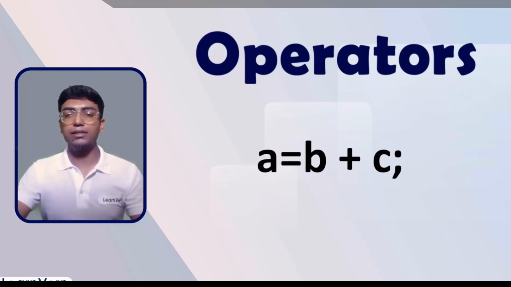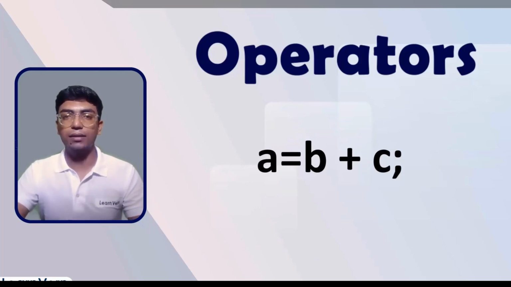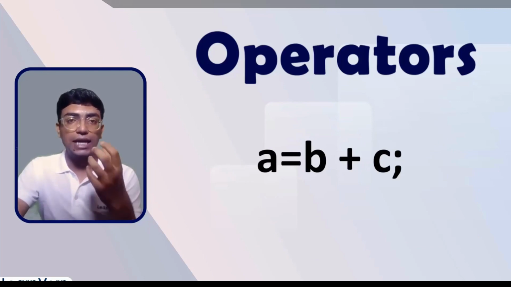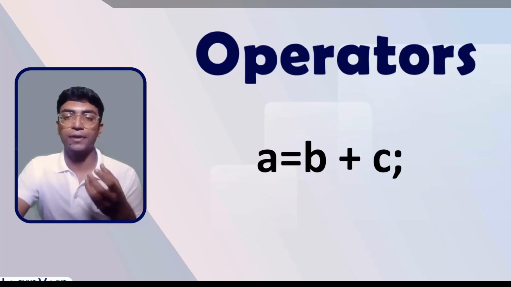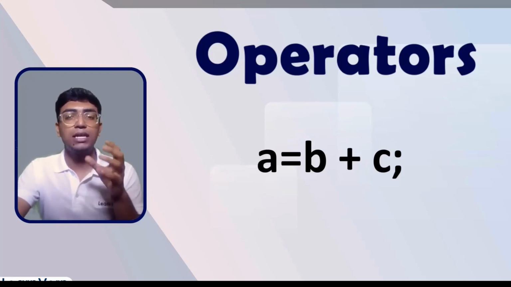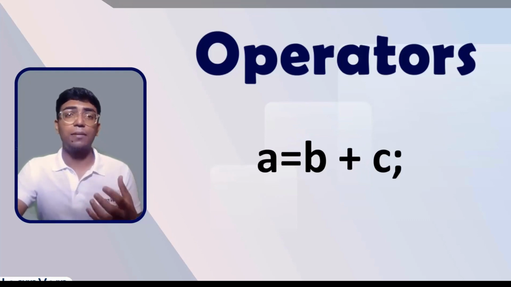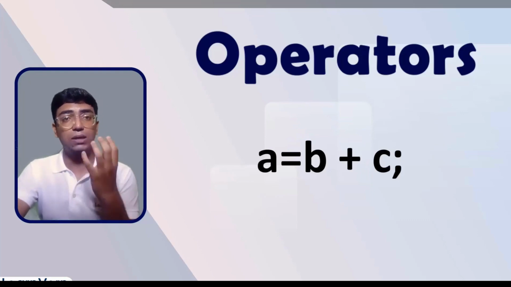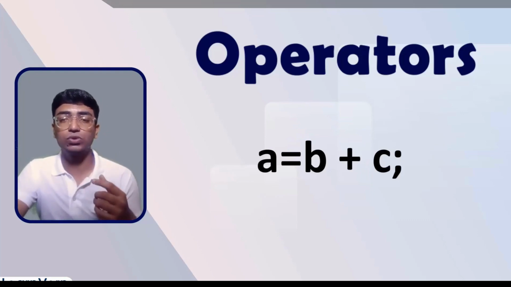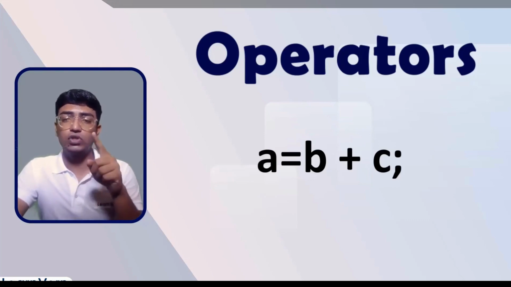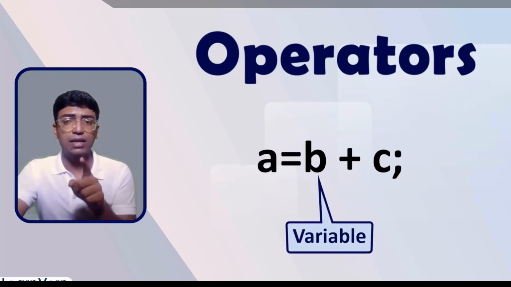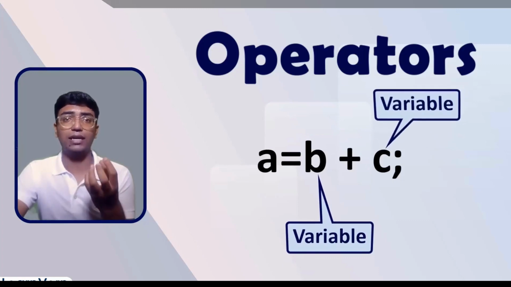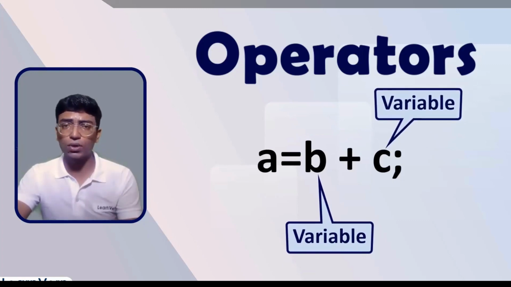Here equal to has come only once, which means that assignment is used here. In normal mathematics, we use this equal to sign differently. We tell that these two things are equal, but how has it been used here? You can see that B is also a variable, C is also a variable, which means that there are some values stored in them.